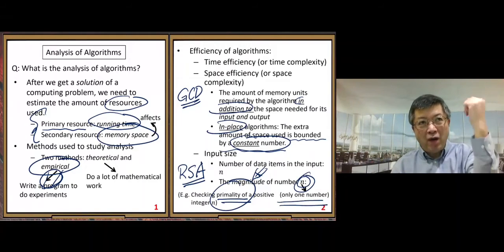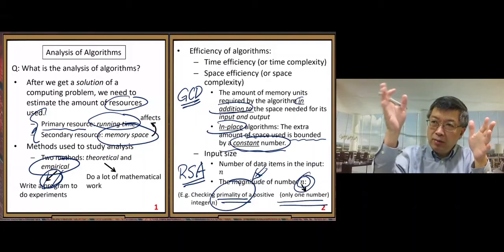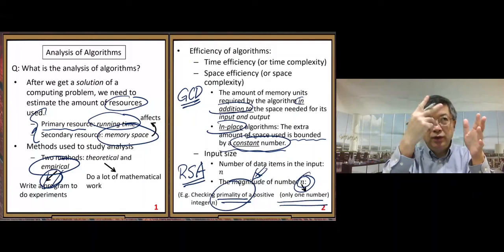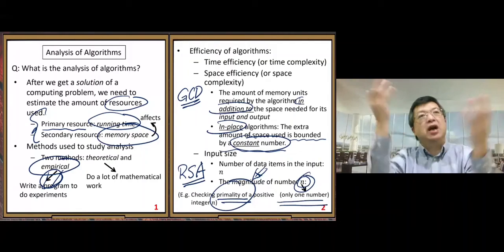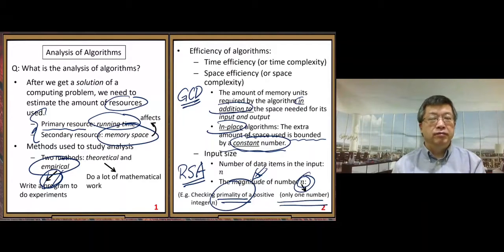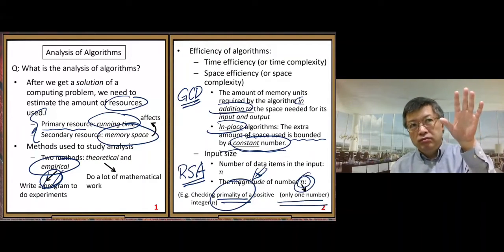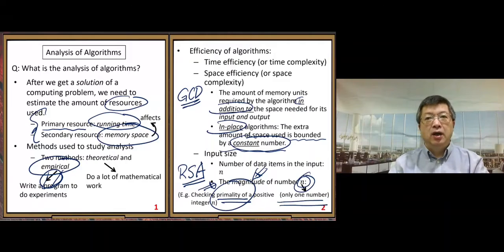In that problem, the magnitude of the larger of the two positive integers is the problem size. So here you can see we have some examples corresponding to the second case of input size. All right, next.